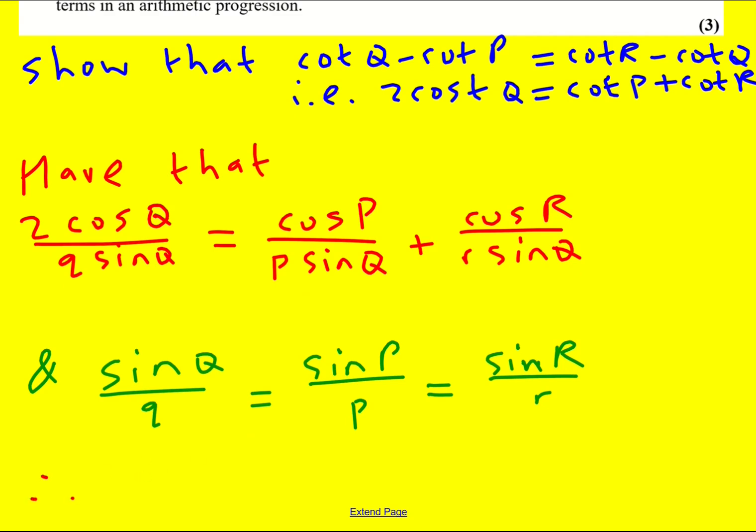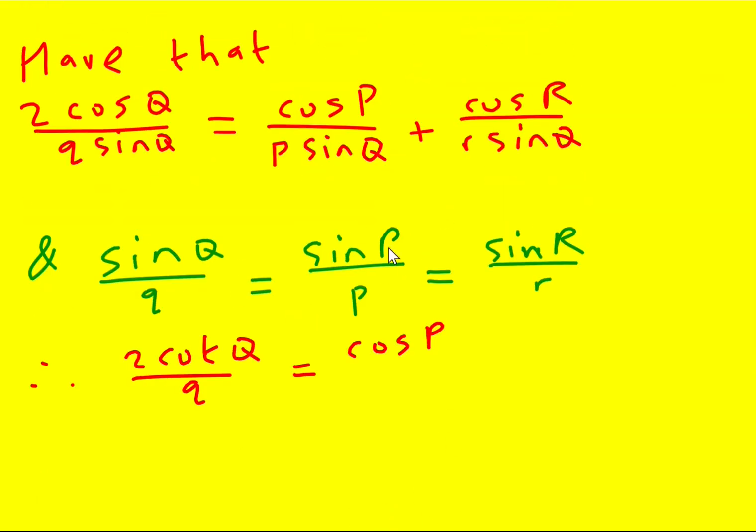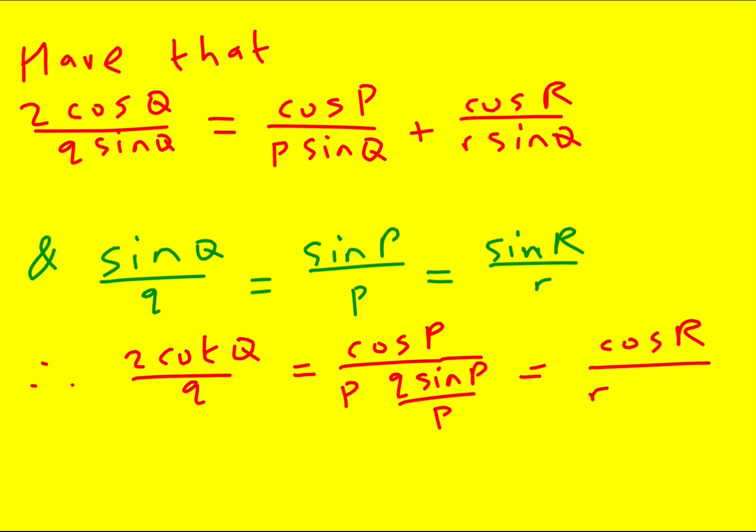And therefore, 2 cot Q over q equals cos P. Now if I can replace sine Q by sine P, I can do that because it's going to be q sine p over p. And I can replace sine q over here in terms of sine r.